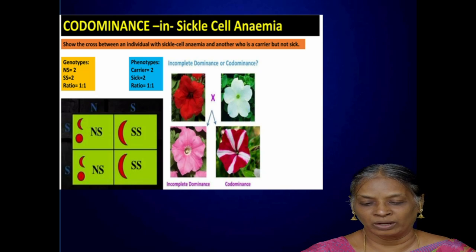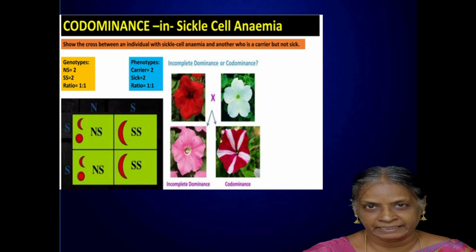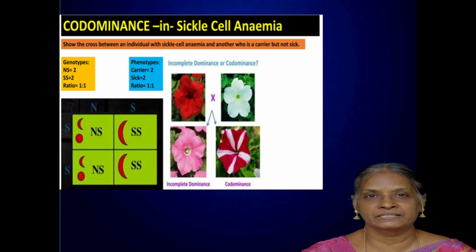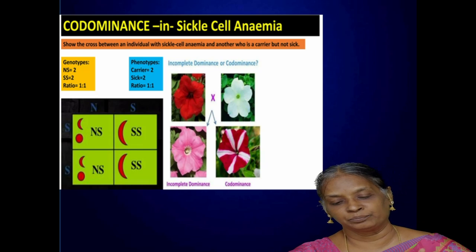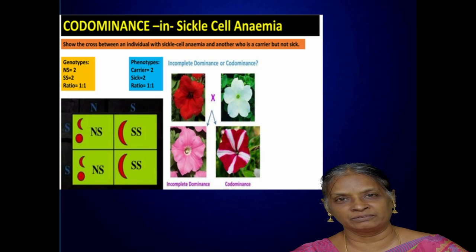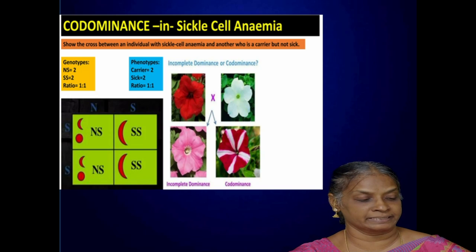So, the flower which has got red color as well as white color in its petals is said to be the example of co-dominance. So, naturally, the pink flower is not the correct answer, and the flower which has both red and white color in its petals is the example of co-dominance.